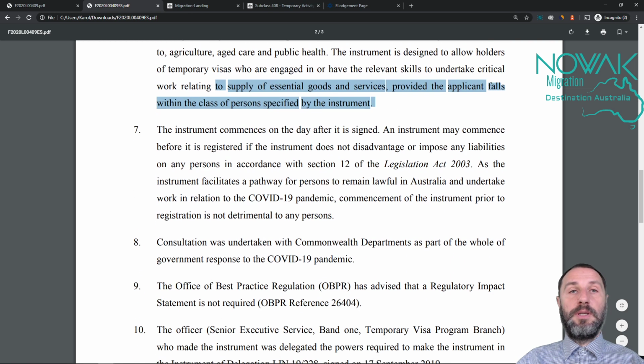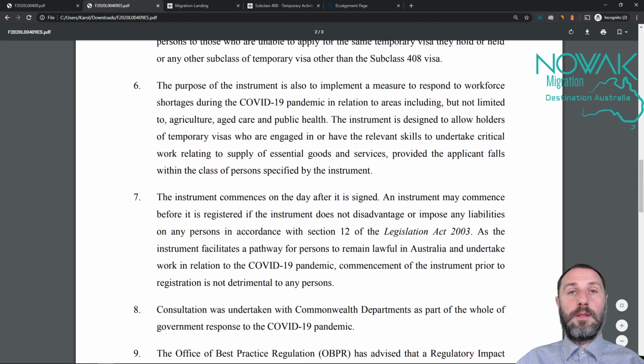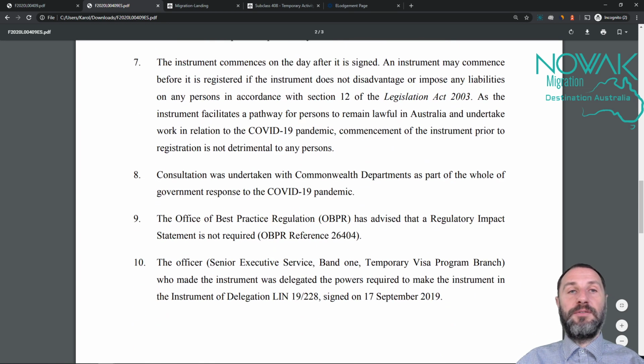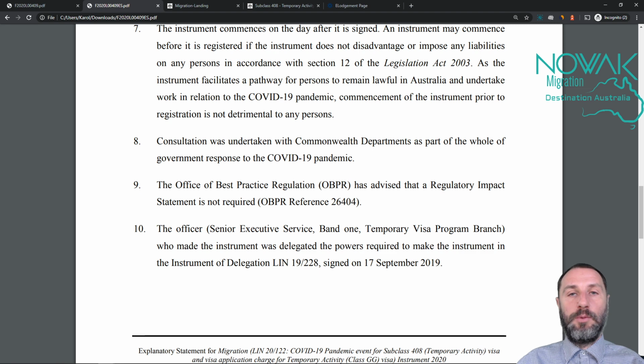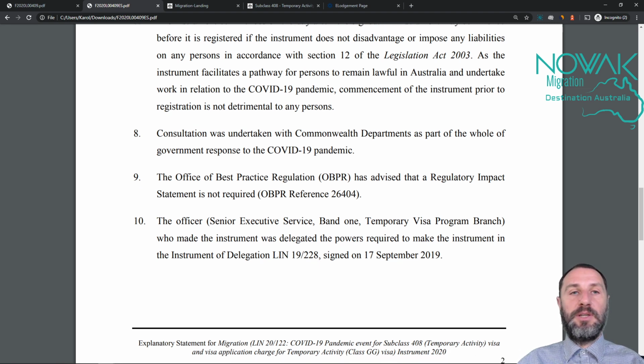What is the catch over here? The person who is working or has got the skills, all right? So having skills is apparently not enough to be eligible for this visa. You will have to have some sort of letter from the employer you are working for or you intend to work for, and then the letter will have to be provided with your application.